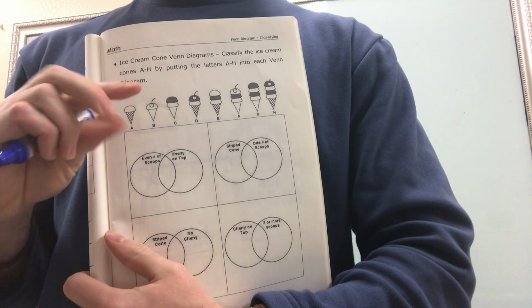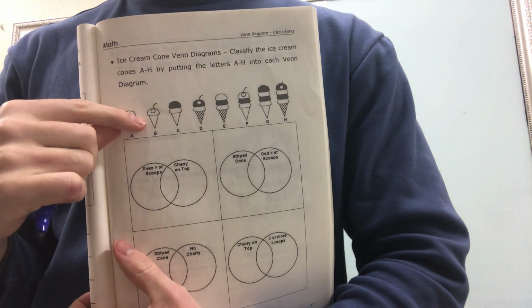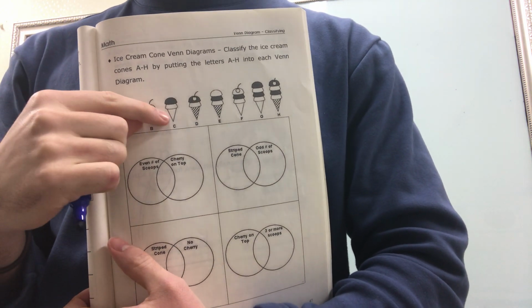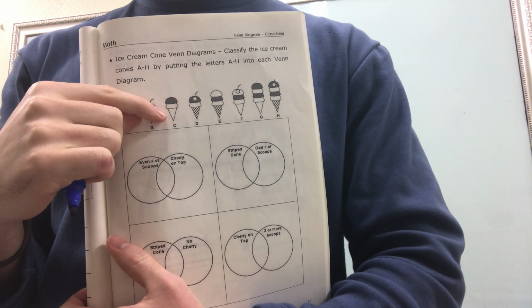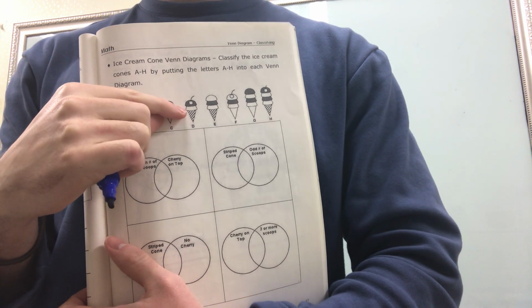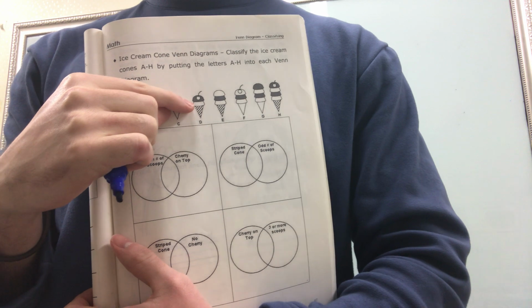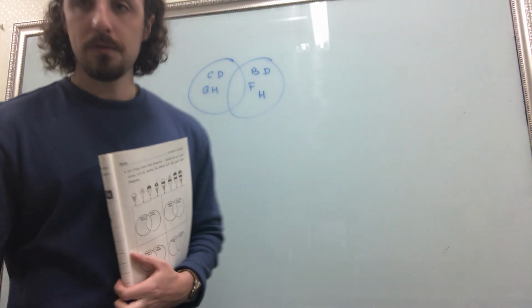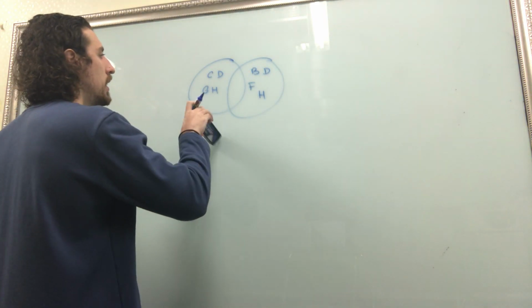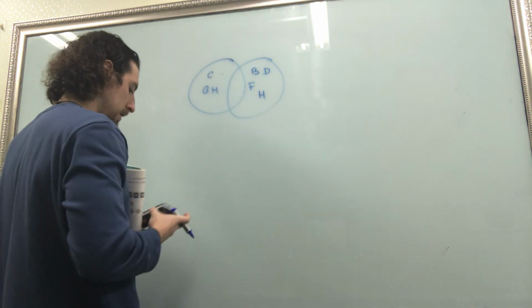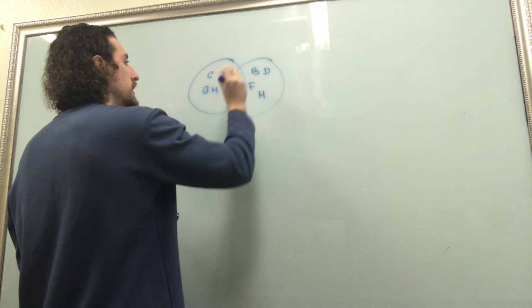So let's go back and look. So even number and cherry. So cherry on top, but no even. Even, but no cherry on top. This has a cherry on top and is also even. So for D, D belongs in the middle, okay?